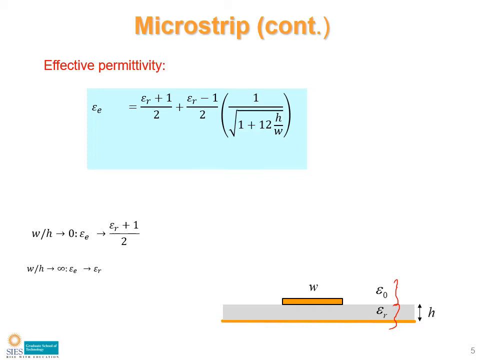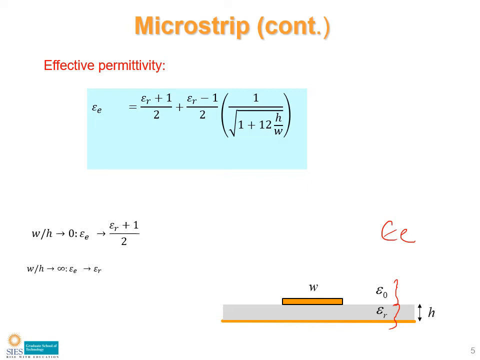In general, when we are analyzing this signal, the first point in the analysis is that many parameters depend upon the permittivity of the substrate. As the signal is facing the two media, the permittivity is indicated by epsilon e, and it is called the effective permittivity.